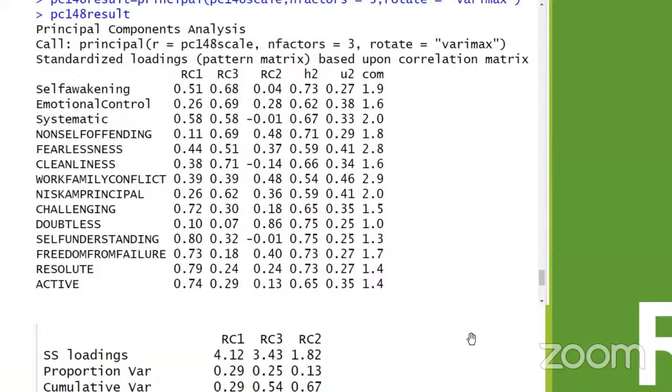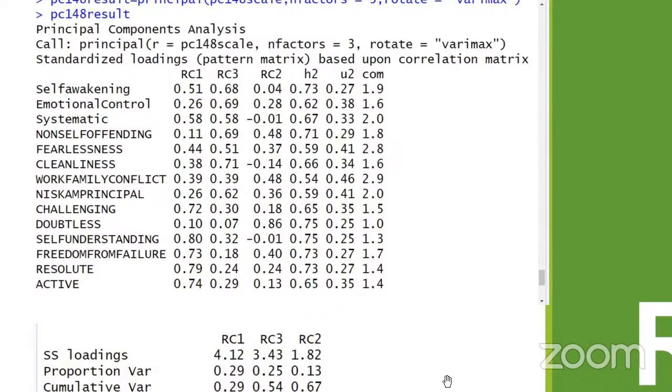The second one is resolute. Third one is active. Fourth one is challenging. Fifth one is systematic. Sixth maybe self-awakening, like that.